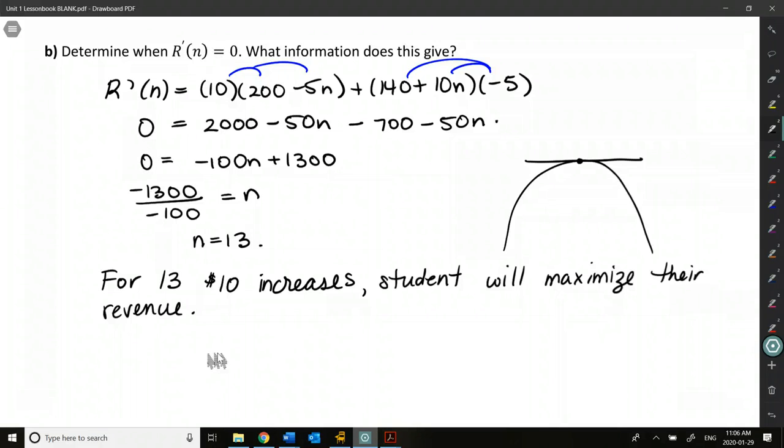So when we set the derivative equal to 0 and we solve for that, that's going to give us locations of maximums and minimums of the function. In this case we just have a maximum, but it's going to give us maxes and mins depending on where those turning points are.